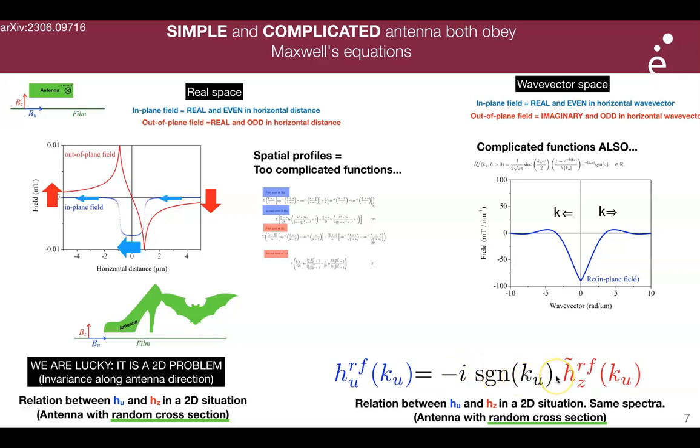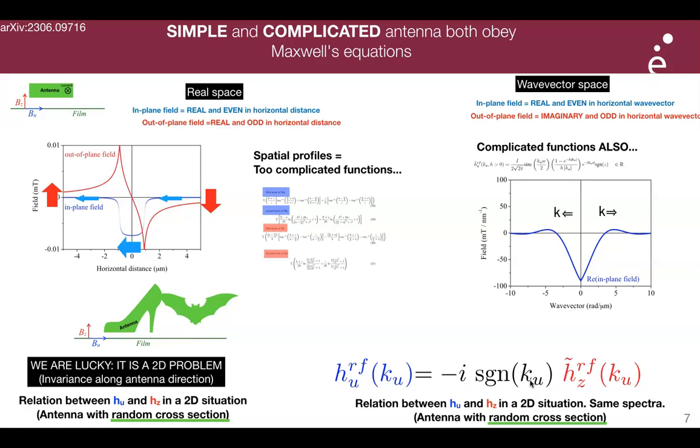And this is very important, because when you use inductive antennas, you don't really have to care about the exact shape of your antenna, whether the current is uniform in the antenna or not. Because in any case, you know you will generate two components of RF field. They will have the same power. They will differ by a phase factor, and this phase factor depends on the sign of k.